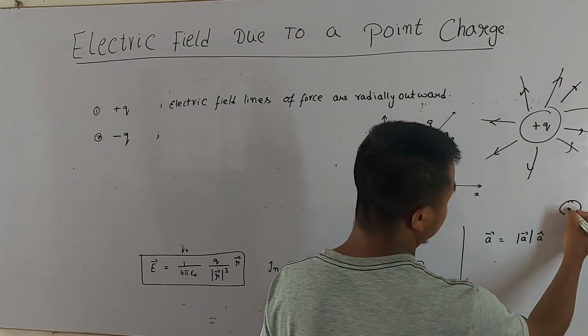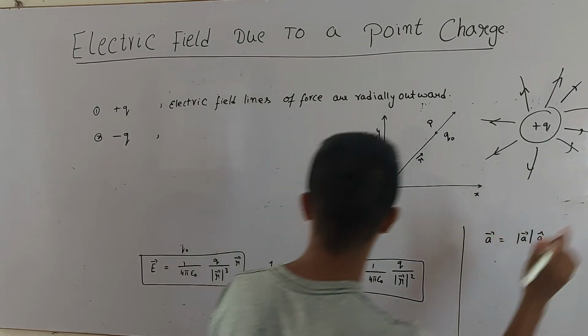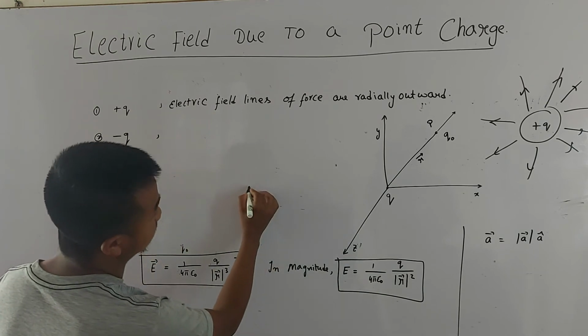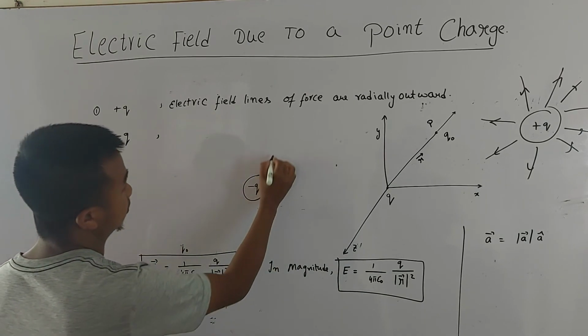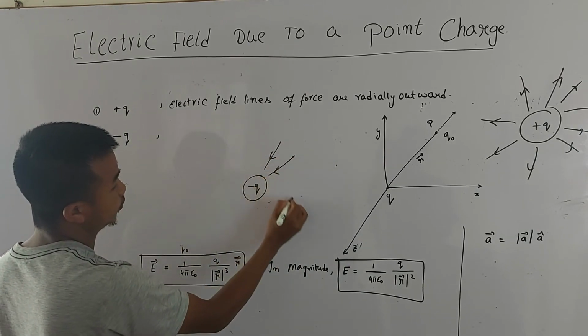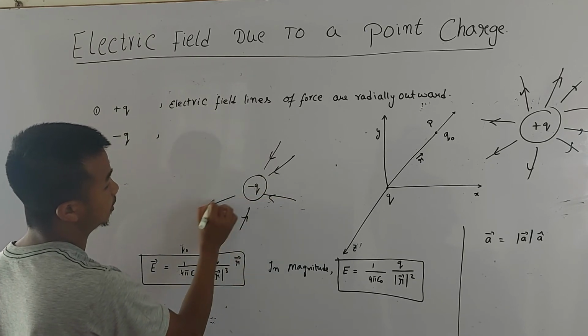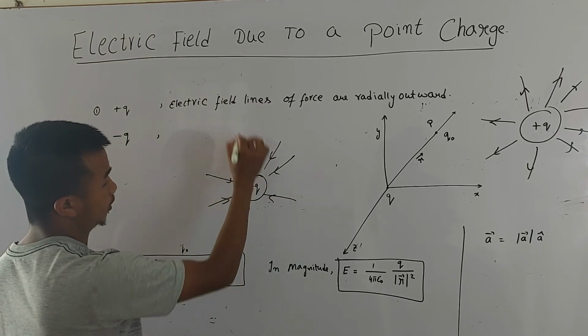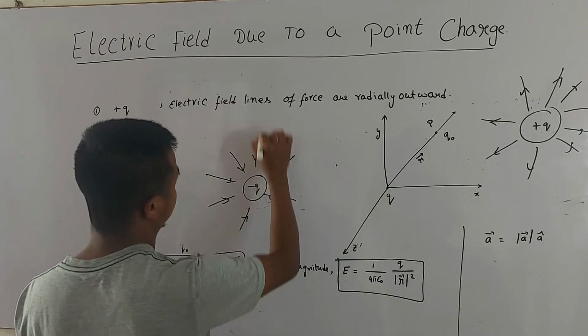If it is negative, then the electric field lines of force are radially inward, like this.